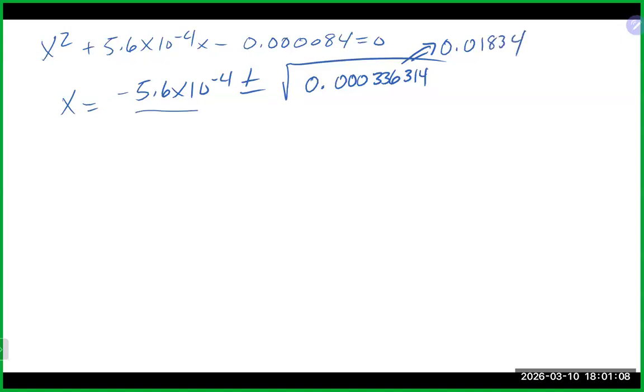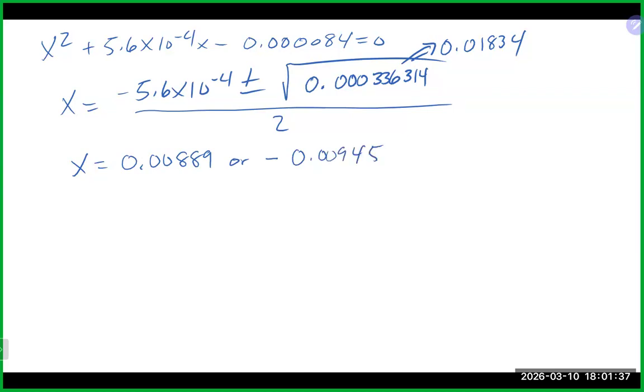That's going to all be divided by 2 times a, which is 1 in this case, so that's going to be 2. Doing our plus way first, looks like we will end up with here an x value of 0.00889. Or if you go the minus direction, you're going to end up with a negative number here of negative 0.00945.